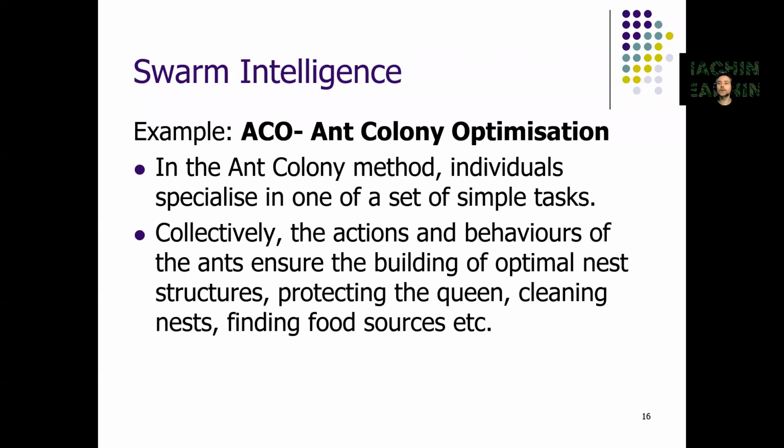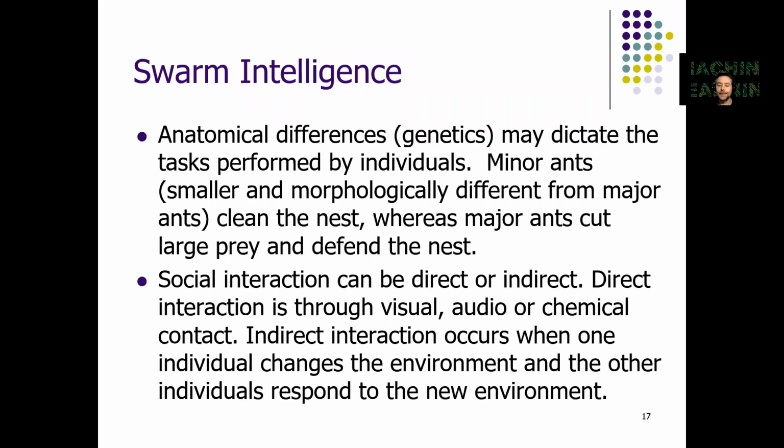An example is ant colony optimization, which has been inspired by the behavior of ants. So in the world of ants, you have different ants and they specialize in terms of their contribution to the swarm. You have ants that protect the queen, they clean the nest, they find food sources, etc. And there are differences in their anatomical characteristics, which implies that genetics plays a role.